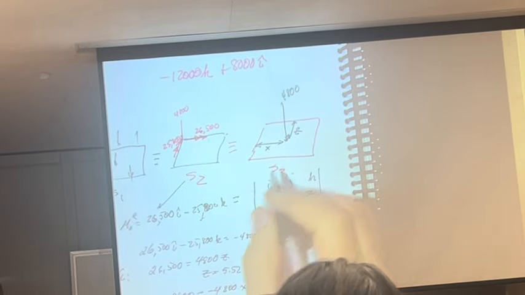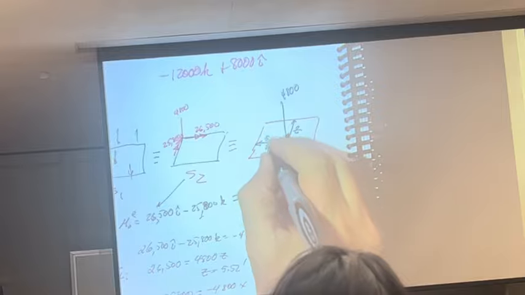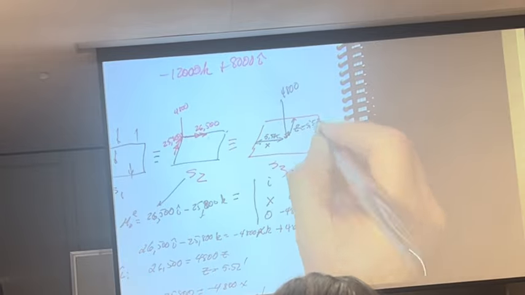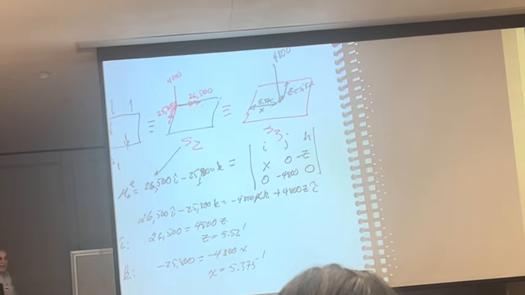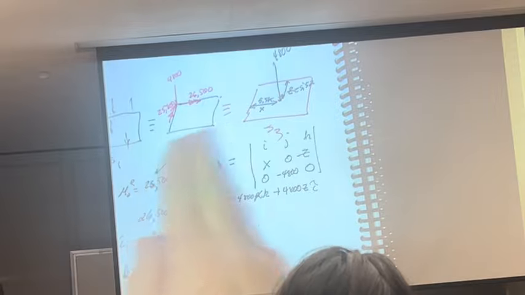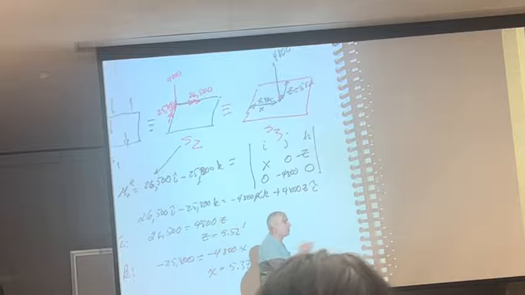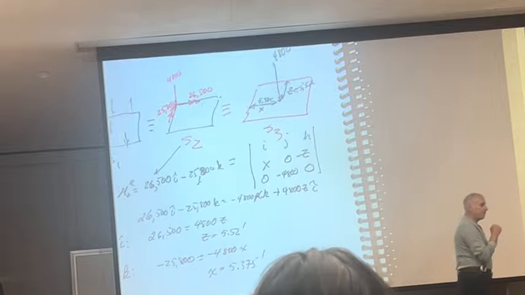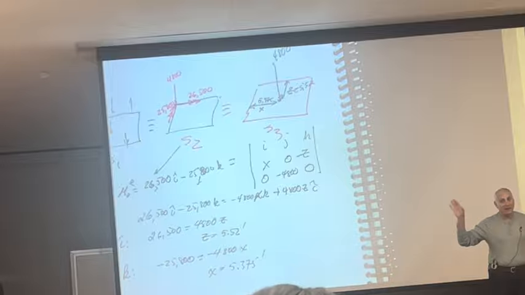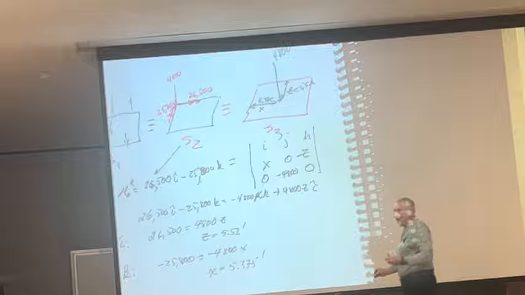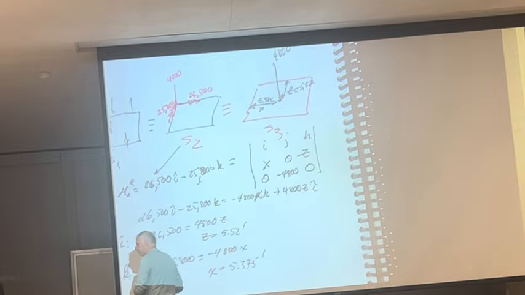So this has to be 5.375 and this has to be 5.52. And these three systems are externally equivalent. The slab cannot tell the difference between any of the three. Externally. I never said anything about internal. All three are internally totally different. This is all external, not internal. Internal is a whole different animal.